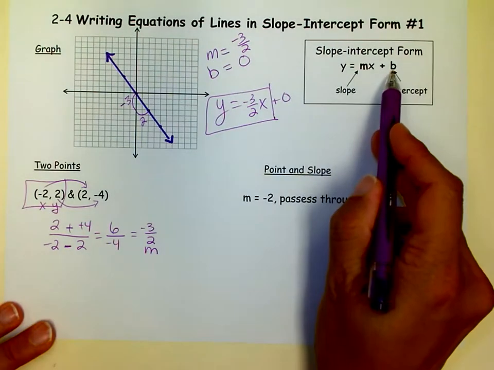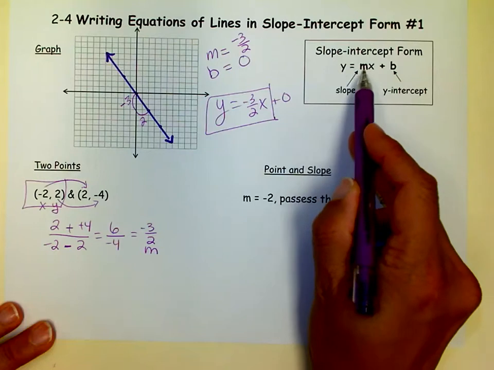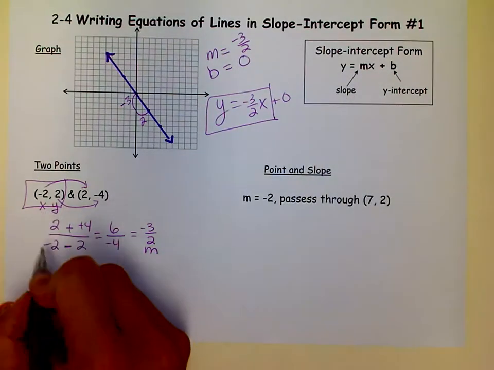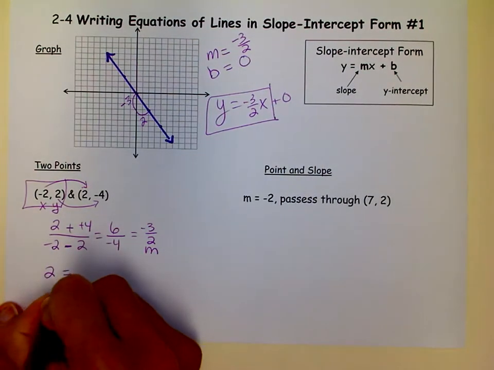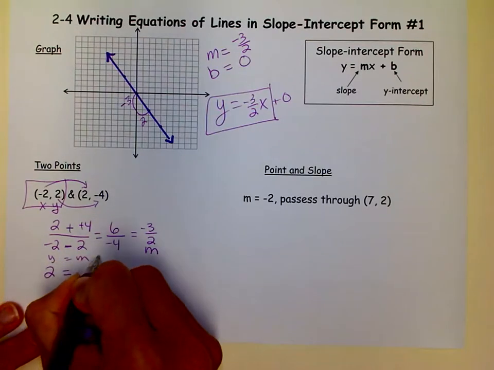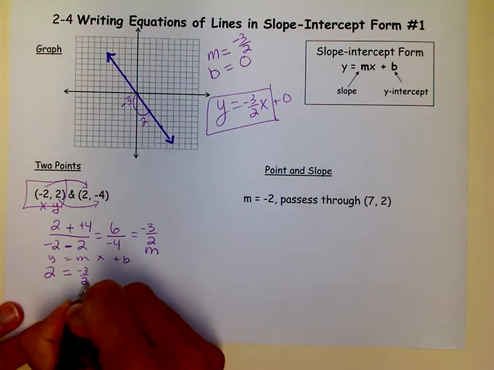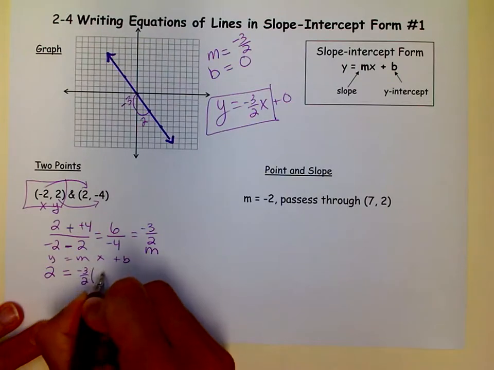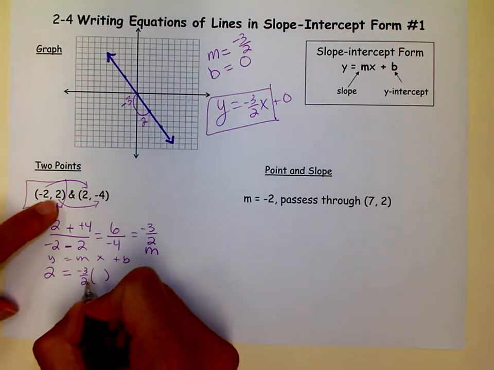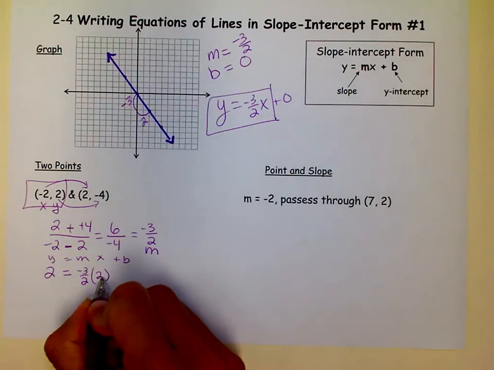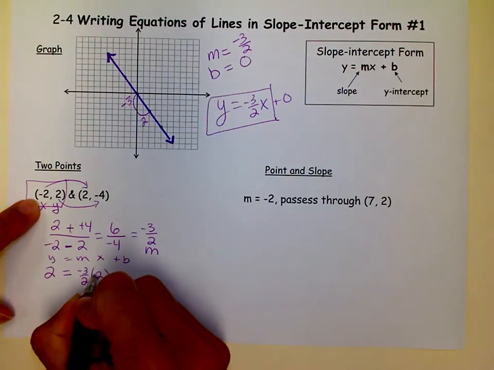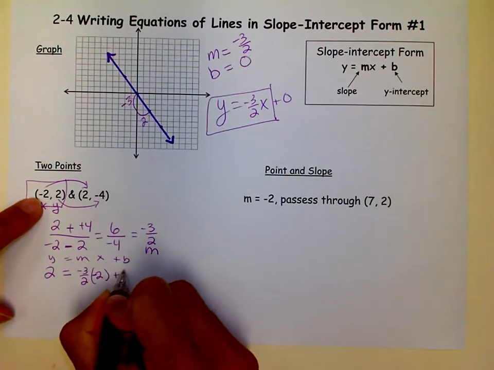I'm solving for b, so I put x, y, and m in for my equation. So y was 2, so I say 2 equals, so y equals mx plus b, just so you can see it. The m was -3/2. Then I have this 2, because it's the x, and then plus b.